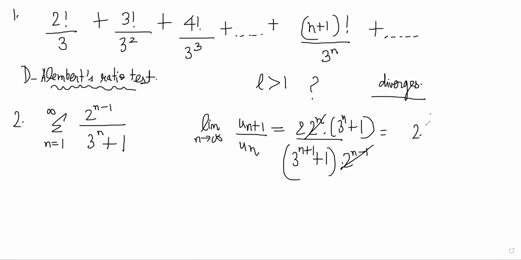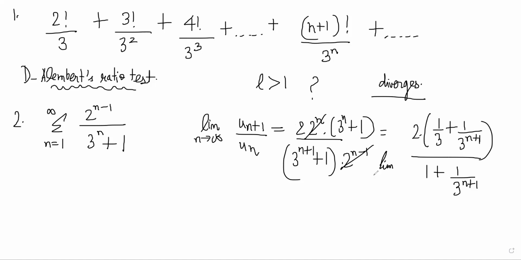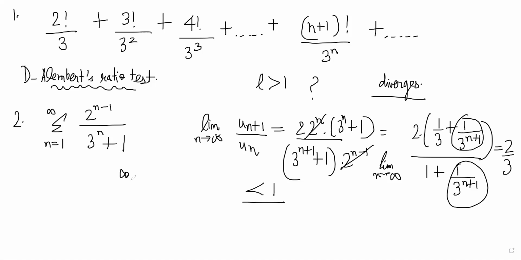So you get 2 into 1 by 3 plus 1 by 3 power n plus 1 by 1 plus 1 by 3 power n plus 1. So when n tends to infinity, this is 0, this is 0, becomes 2 by 3, which is less than 1. So this converges. Right.